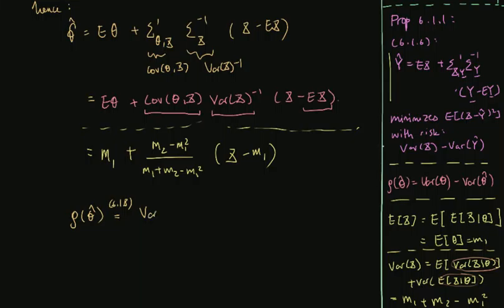So it is equal to the variance of theta minus the variance of theta hat. Now the variance of theta is just the second moment of theta minus the first moment squared, whereas the variance of theta hat is equal to the variance of this entire thing that is theta hat.